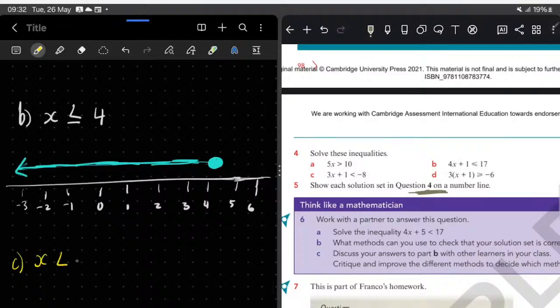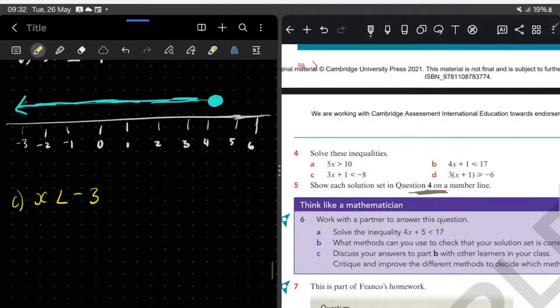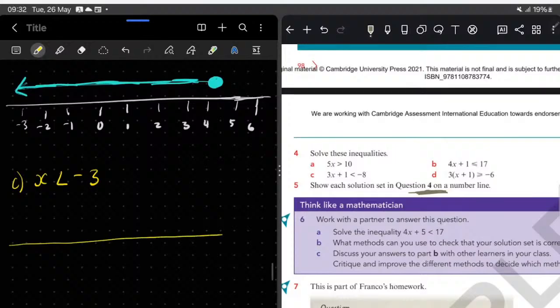X less than -3. So we take our number line: -6, -5, -4, -3, -2, -1, 0, 1, 2, 3.